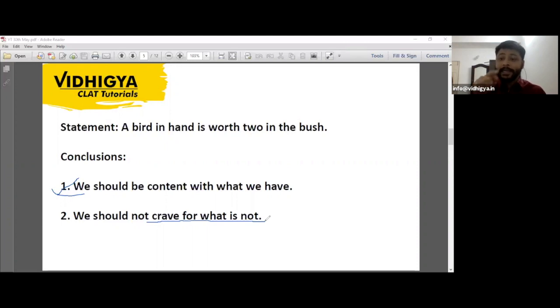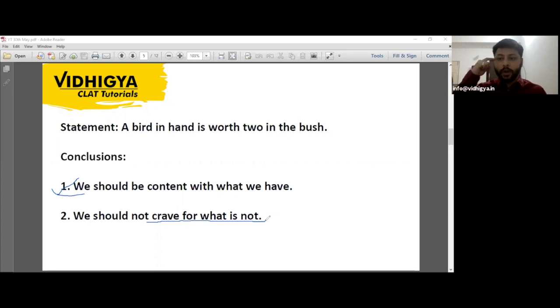Okay, but he is not asking you what is real, what is practicable, what is true according to what you have observed till now in your life. He has given you one statement and is asking, is this thing a conclusion of that statement that is given to you? And you have to work upon one thing, and that is where the third point gets into role, that the conclusion should never be sentimentally drawn.